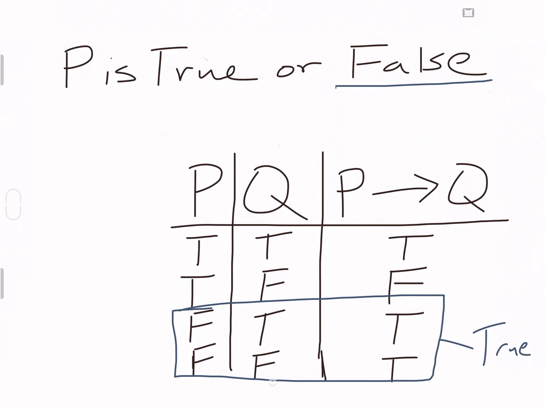Now if P is true, then that puts us in these two columns. Okay, and so that's the idea, right? P is either true or false. There's no gray area. If P is false, then P implies Q is true. And if P is true, well, then that's where we have something to prove.